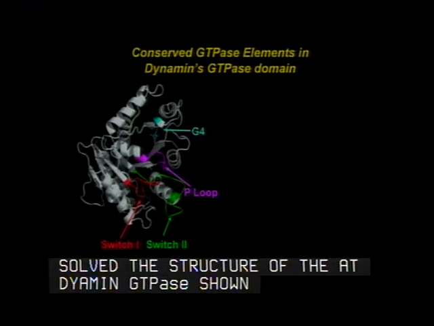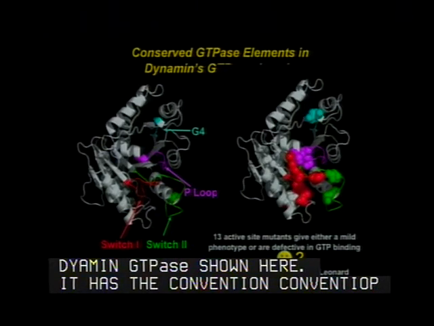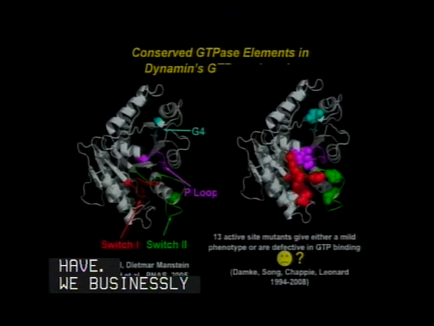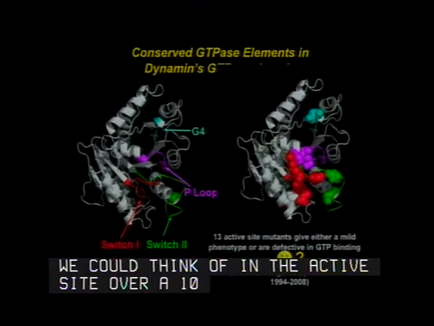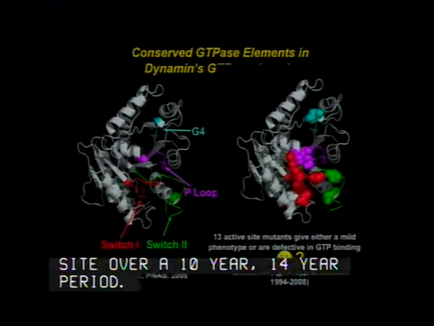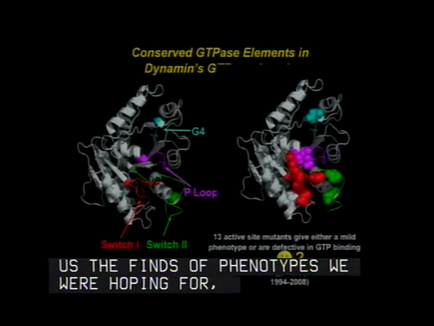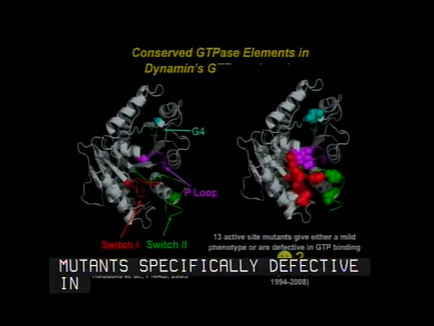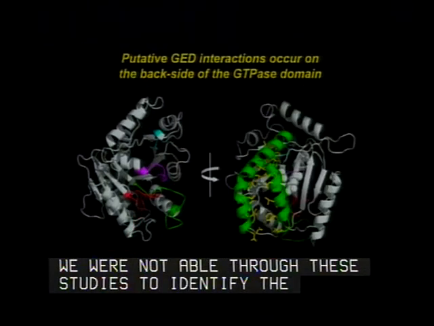It has the conventional GTP binding elements that all GTPases have, and based on these structures, we busily mutated just about everything we could think of in the active site over a 14-year period, and none of these mutants gave us the kinds of phenotypes we were hoping for, which are mutants that are specifically defective in GTP hydrolysis and not GTP binding. We were not able, through these studies, to identify the catalytic mechanism of dynamin's GTPase activity.